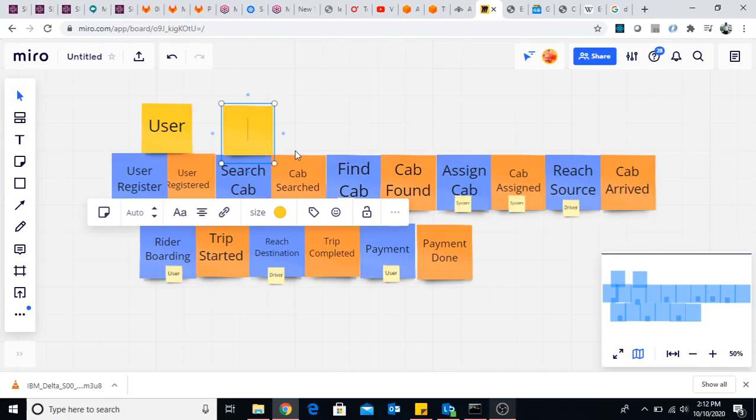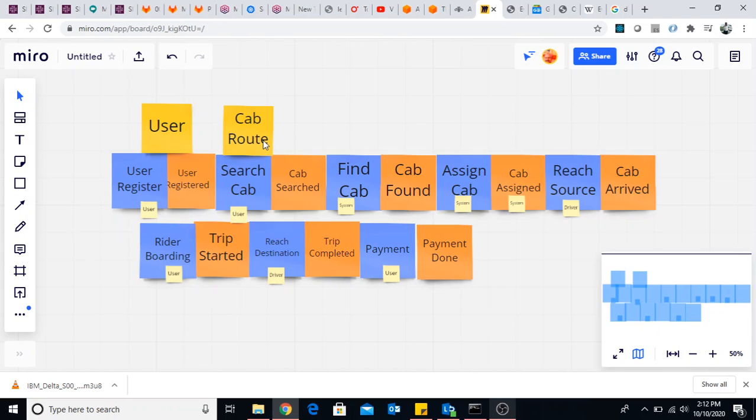So what I was trying to discuss, dear friend? Cab entity, cab aggregate, or cab root aggregate, I can say. So it will take the cab and the route also into consideration.